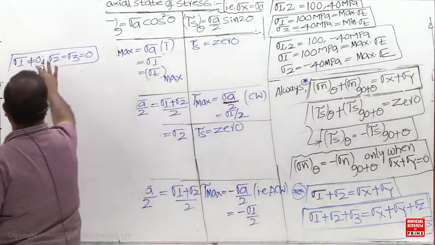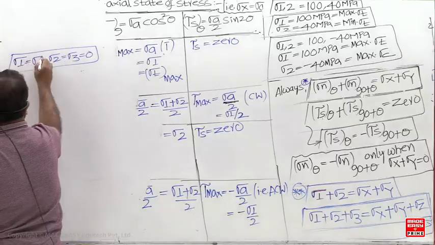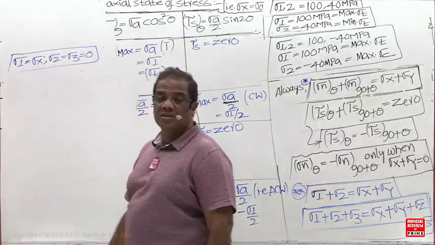And directly that sigma 1 value is equal to how much? Sigma x you can call it now. Directly sigma 1 equals sigma x.